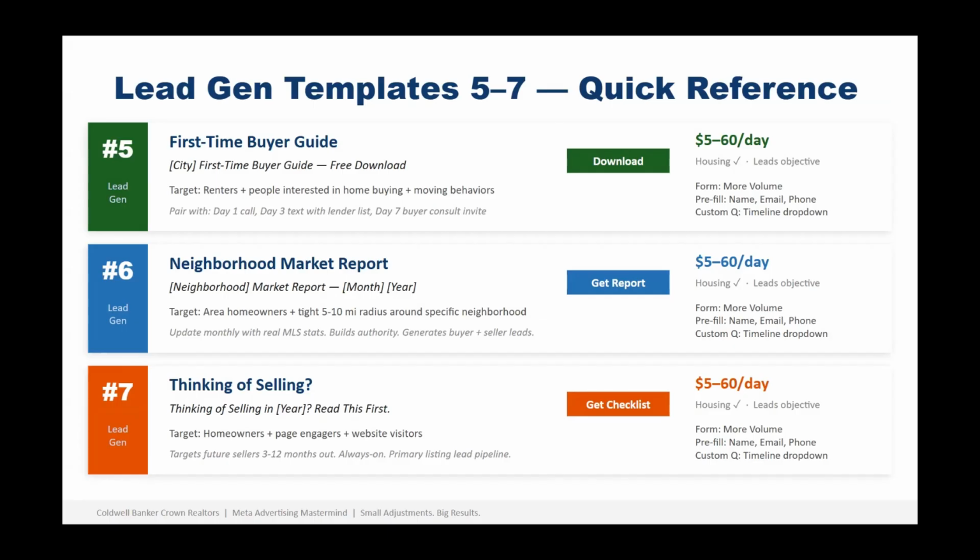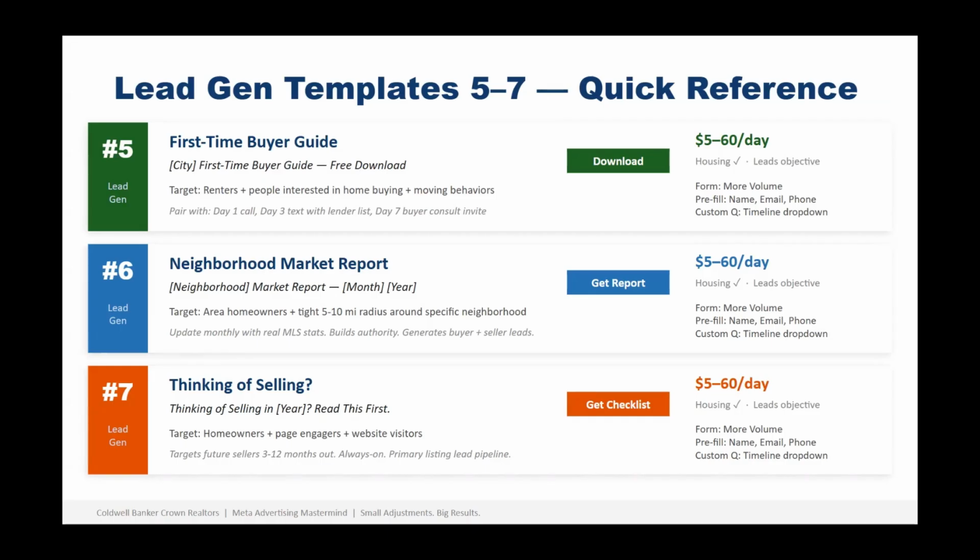The neighborhood market report is going to be for your people for long-term reach. These might not be people who are selling or buying in the next couple months. These might be your next year people. They're making plans, and so they want the data from the neighborhood market report so they can accurately plan for what they're going to do next year.